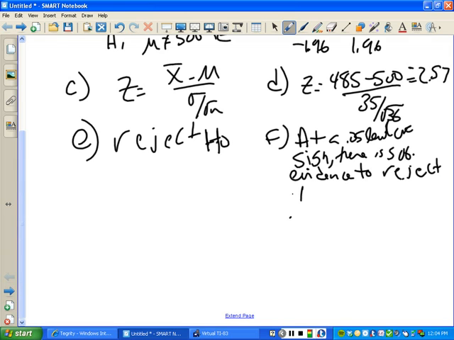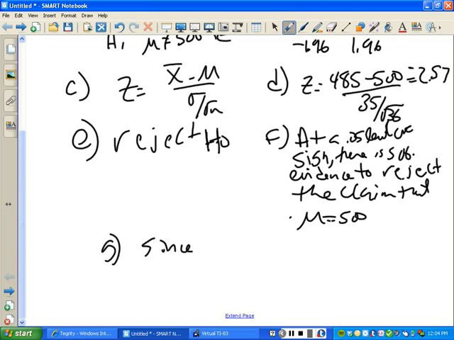Part G, since n is greater than 30, the sample mean is normally distributed. Okay. Are we straight on that? Yeah. Again, if you said you do not support the claim that mu is 500, I'd give you credit.